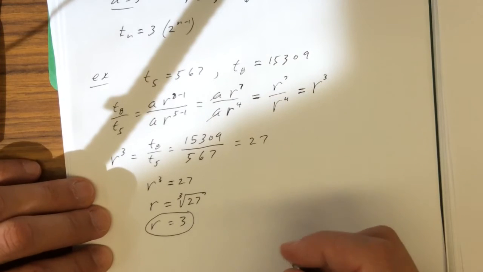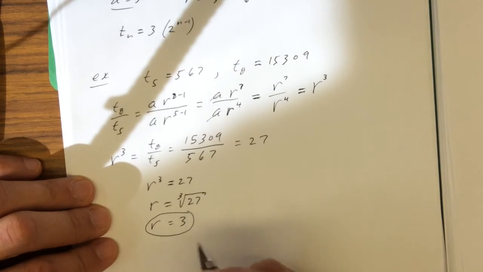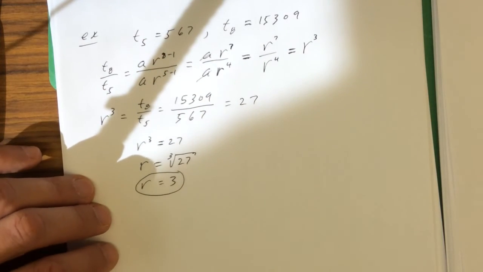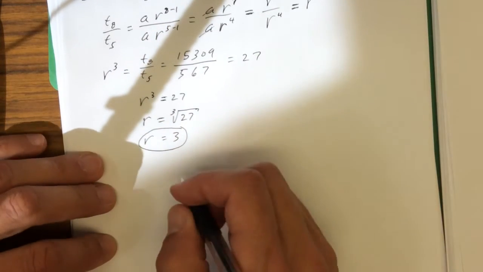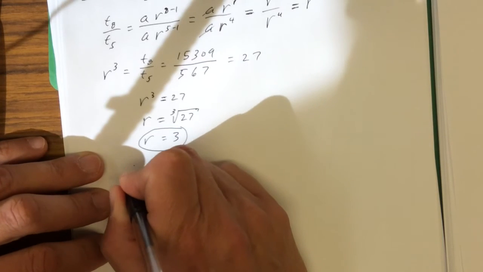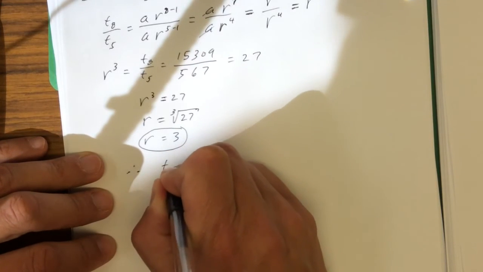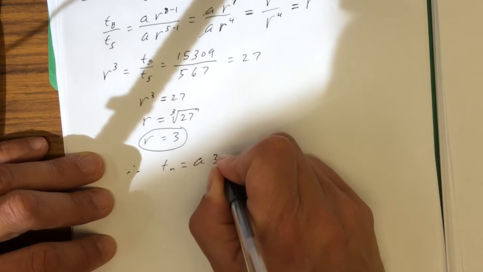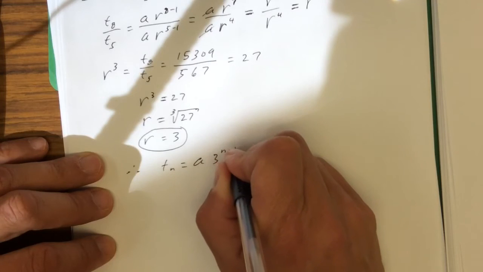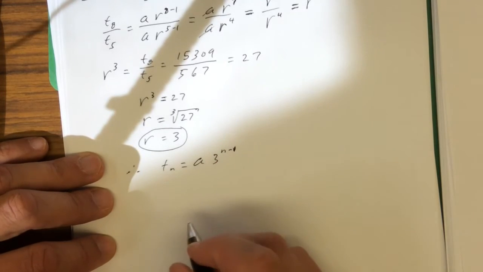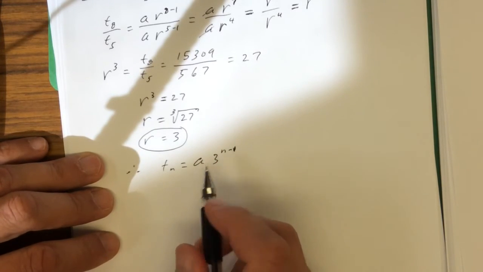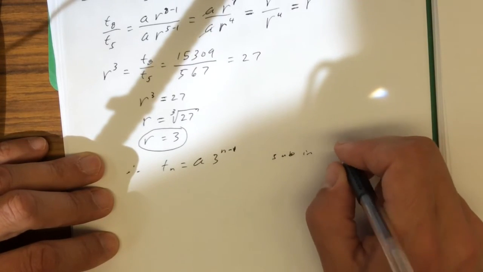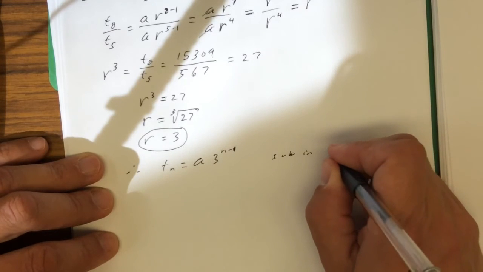Okay, so now we know what R is. We don't know what the first term is. There's a couple ways of doing this, and one is to plot the point. Therefore, you've got Tn equals a times 3 to the n minus 1. We just don't know what a is. To find out what a is, we could sub in the point or the term T5.